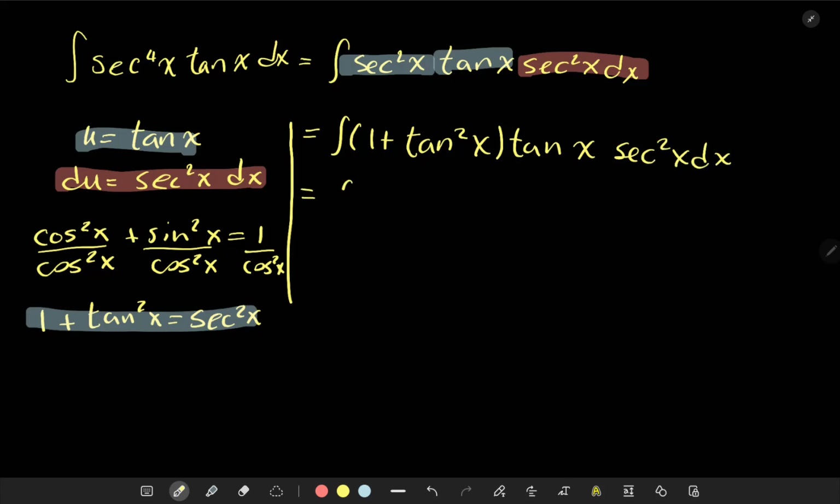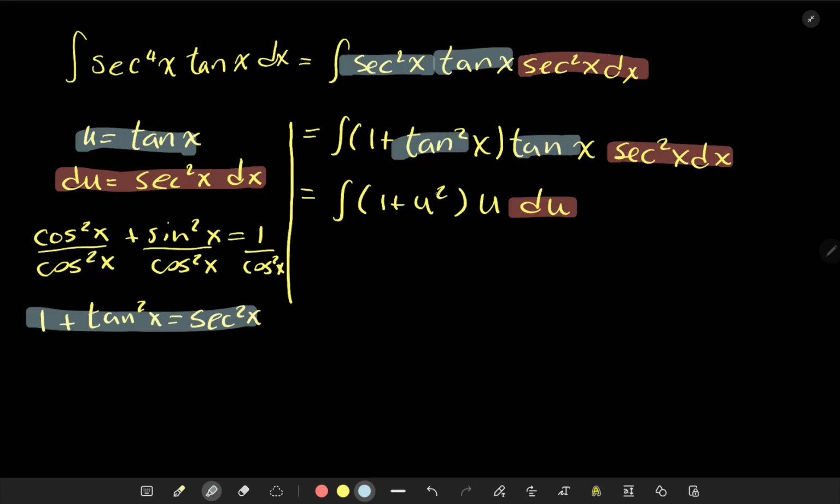So putting it all together, tangent becomes u, so it is 1 plus u squared times u times du. Right here my du is this, and my tangents are substituted in there.